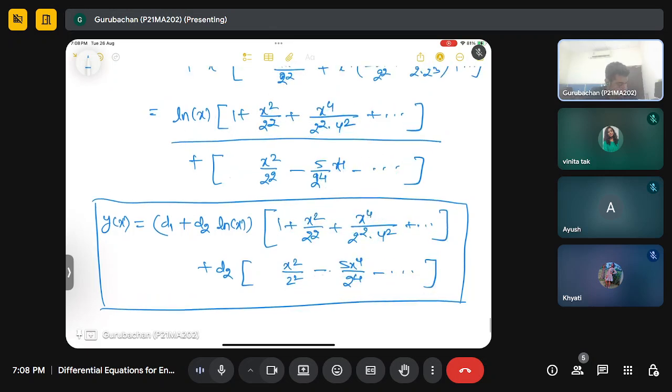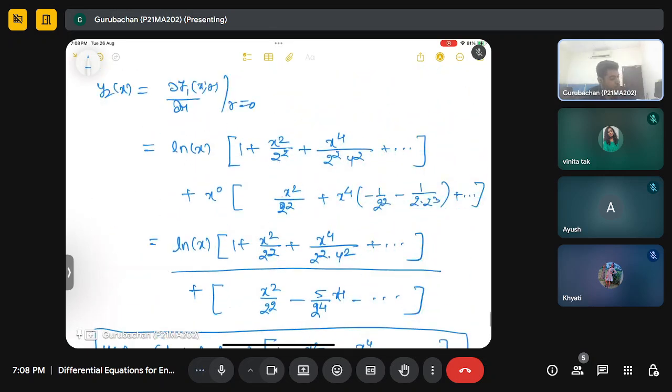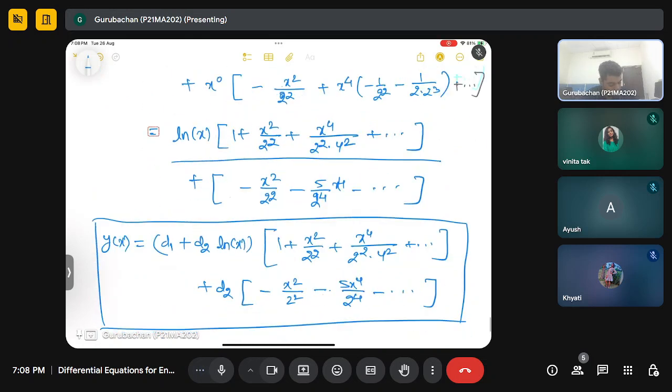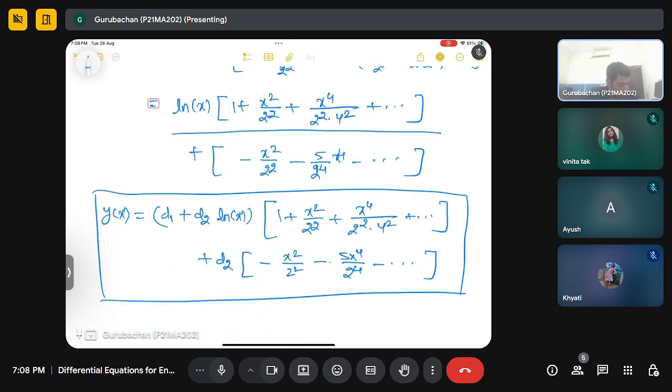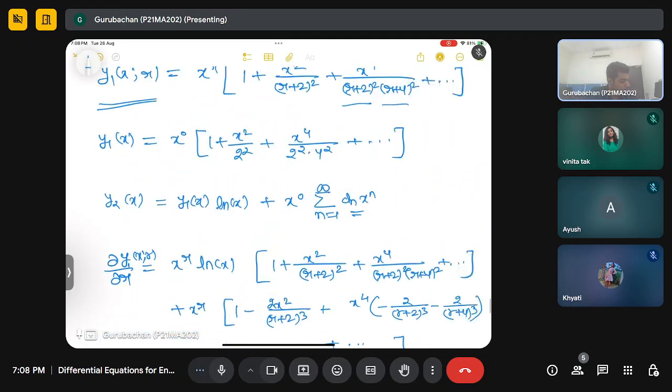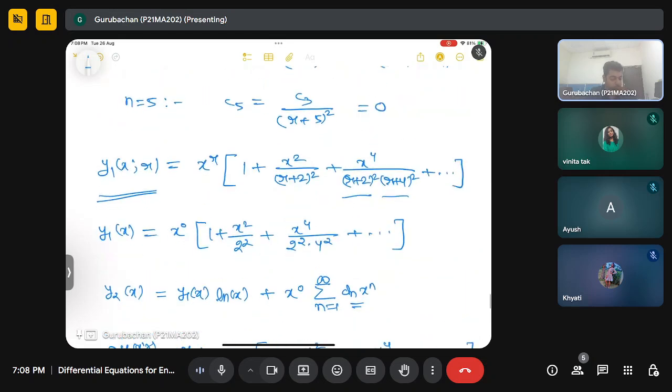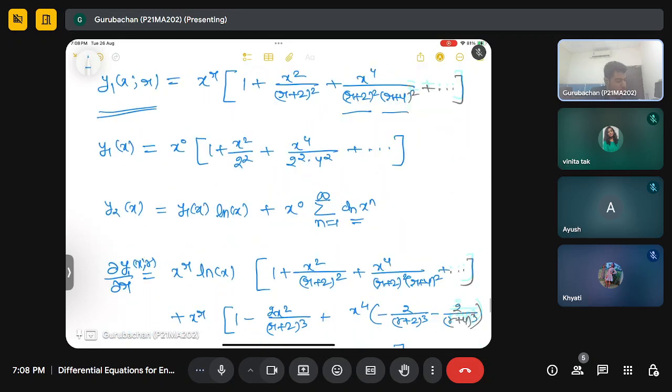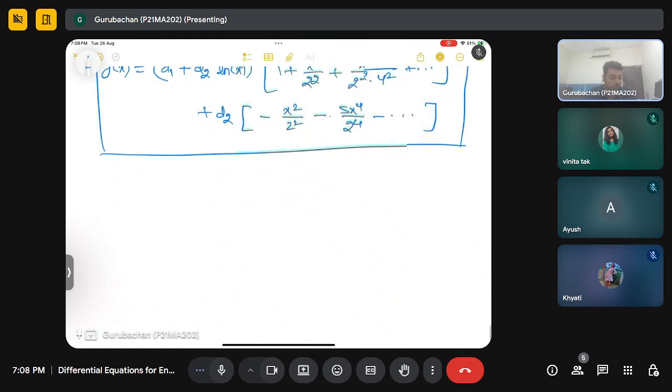Obviously the minus sign will be there. Minus sign will not go. So minus x squared by 2 square minus 5x to the power 4. Okay. So this was your solution for this given differential equation.